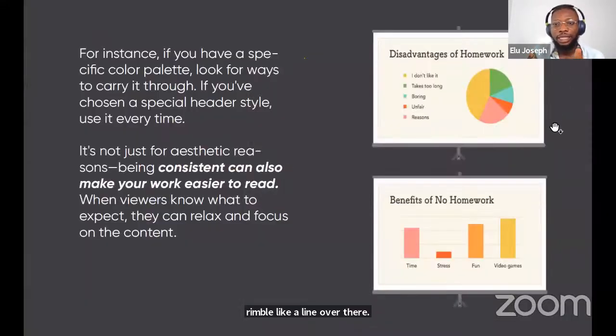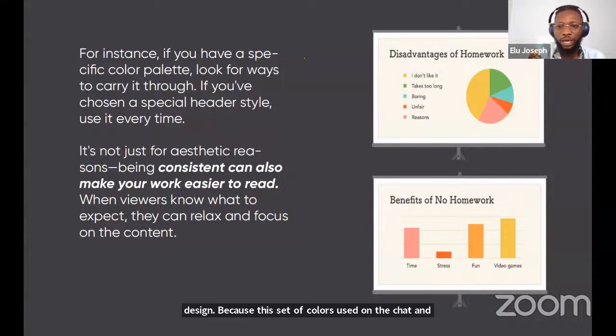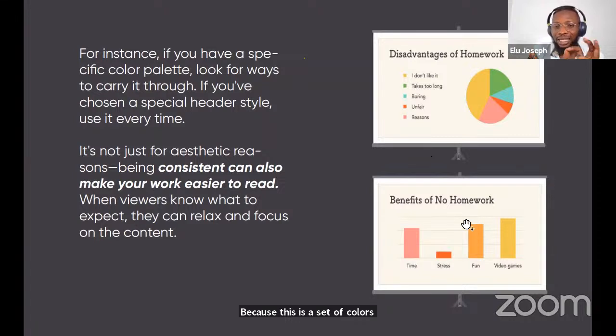Now, these are the other two designs. You can see those set of colors used on the chart and also as bullet points for the options here. You can still see those set of colors used here as well. That is what repetition means in composition. That is how repetition works.